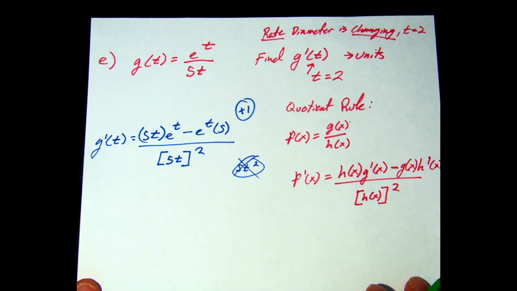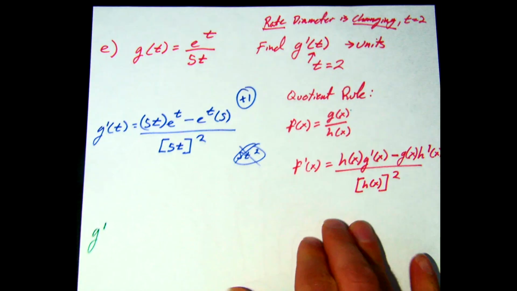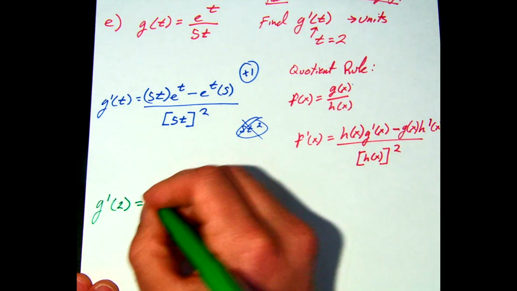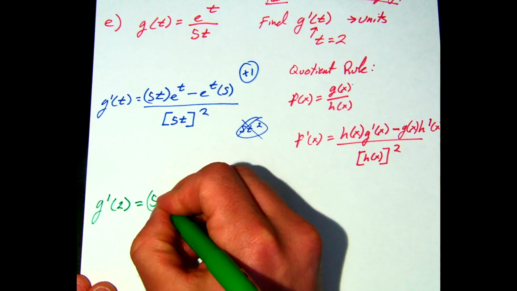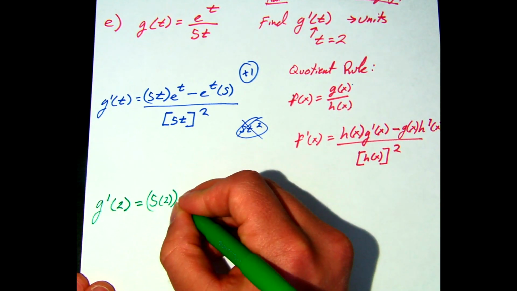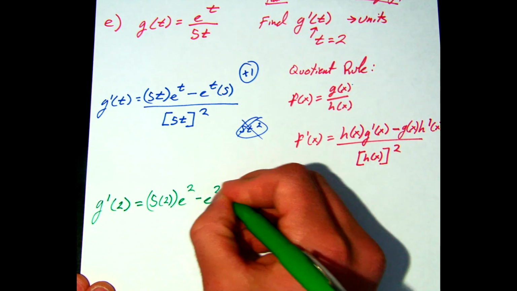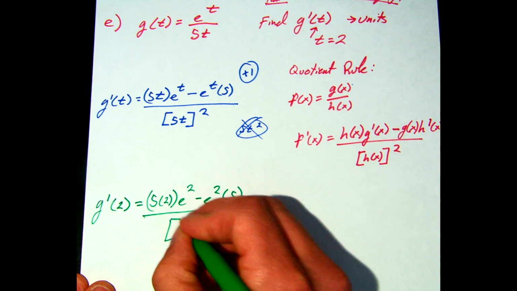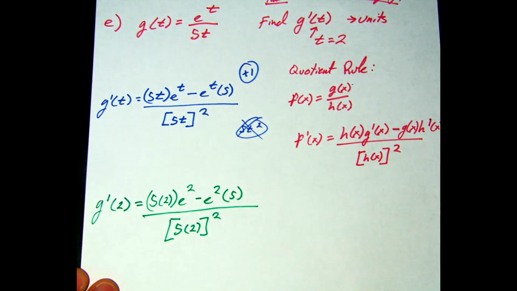Second point is going to be to do g prime of 2. All right, well, that's no problem. I'll just plug in 2. So 5 times 2 times e squared minus e squared times 5 all over 5 times 2 squared.